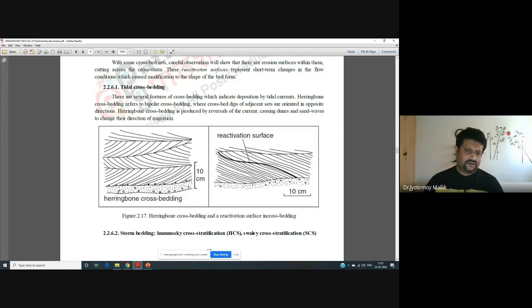You can see that the inclinations of these cross beddings are bidirectional. In one case, this closes this way, and in the other case, this closes in the opposite direction. So that means you have bidirectional current, and bidirectional currents are generally very much indicative of a tidal environment. Okay, and these are called herringbone cross stratification.